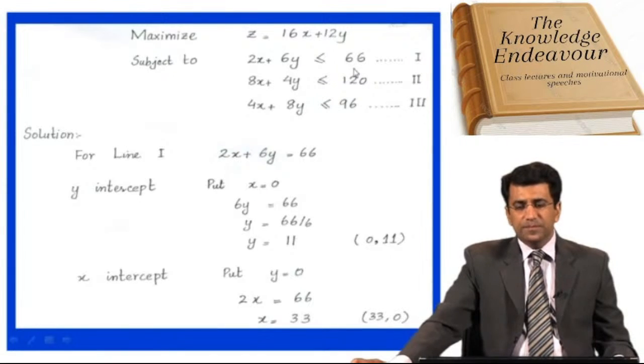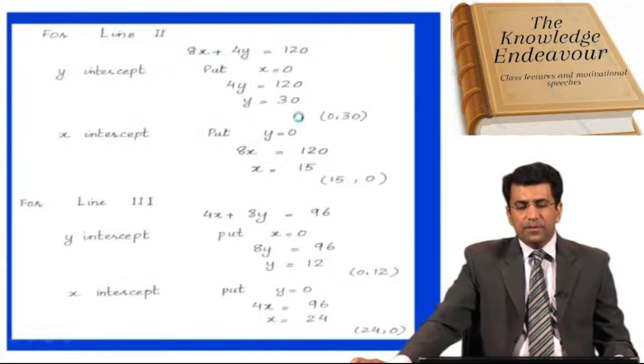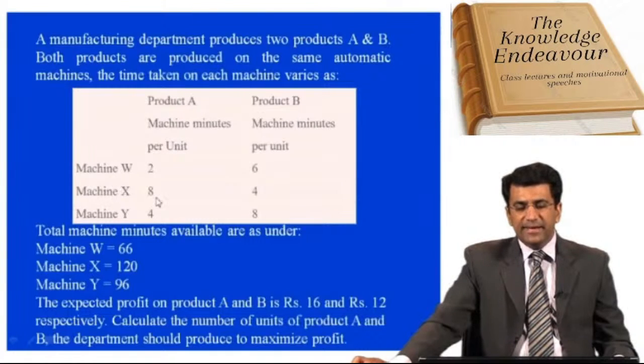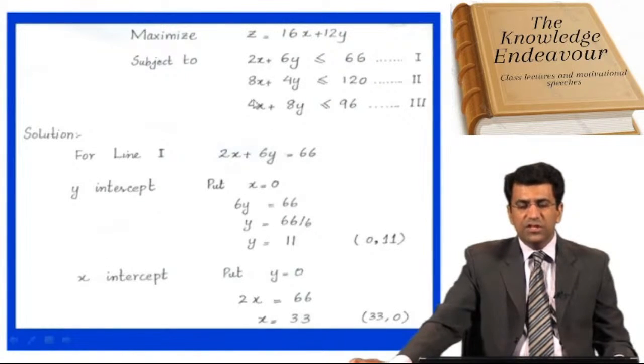This is our first constraint. Similarly, this is our second constraint for machine X, that is 8x plus 4y less than or equal to 120. Similarly, we have the third constraint, that is 4x plus 8y less than or equal to 96. So these are our 3 constraints.